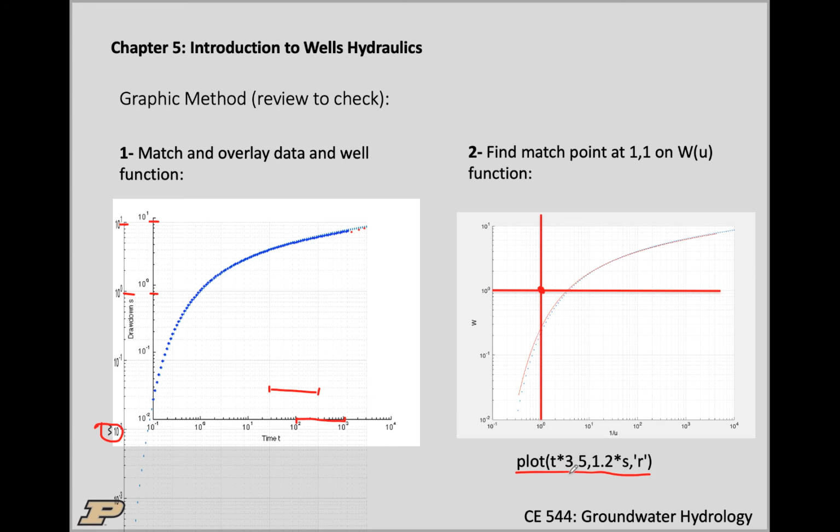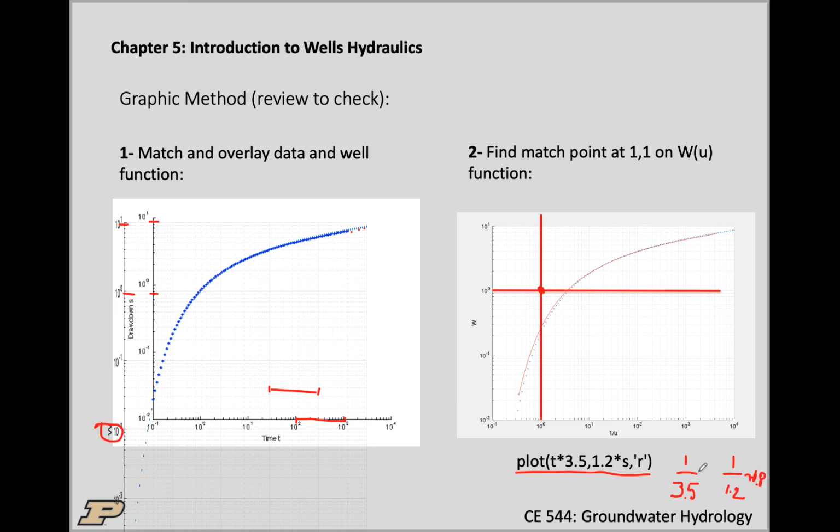So you can see that I had to modify my data, and I had to multiply time by 3.5, and I had to multiply drawdown by 1.2 to get that match, which means, because it's a 1 and 1 match, our time is probably 1 over 3.5-ish, and our drawdown is probably 1 over 1.2, which is about 0.8 here.